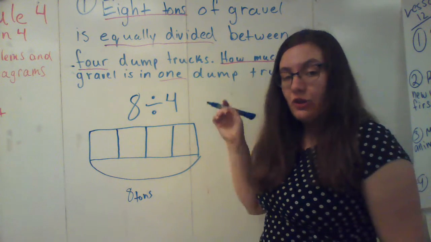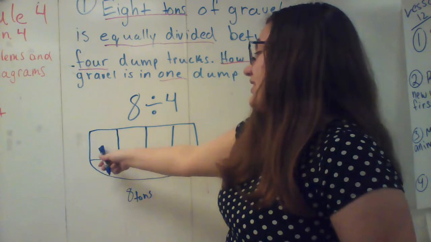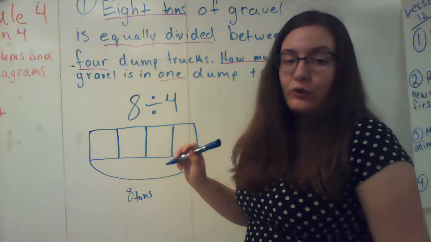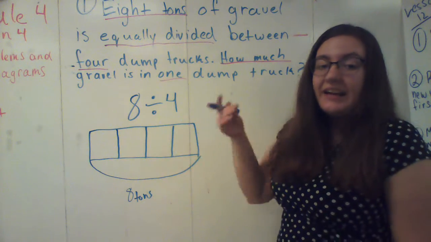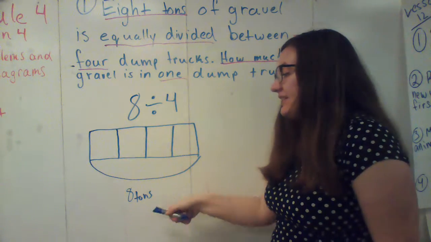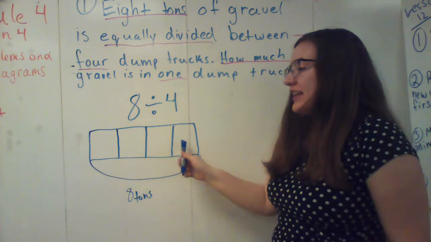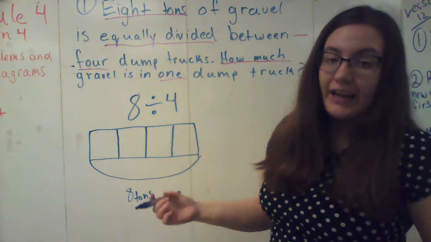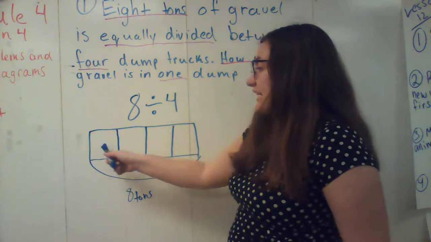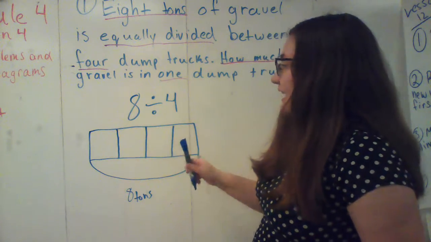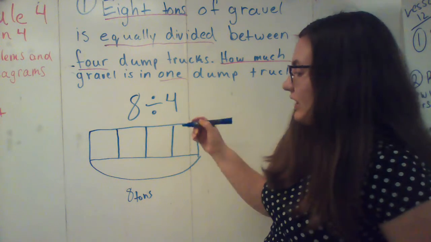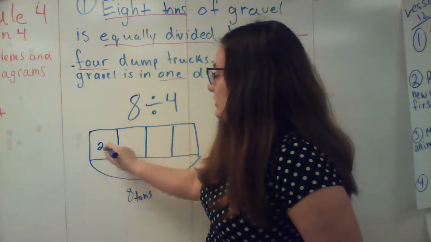And now I am showing you what 8 tons being divided into 4 would look like. And now I just have to think about, okay, well, if I have these 8 tons divided into 4 sections, how much can go into each section? So in this case, I can count by 2s and get up to 8.